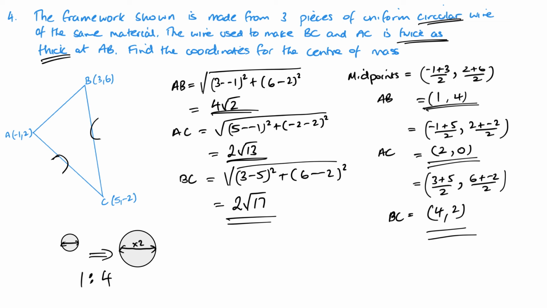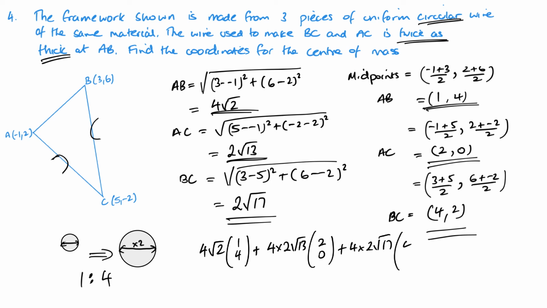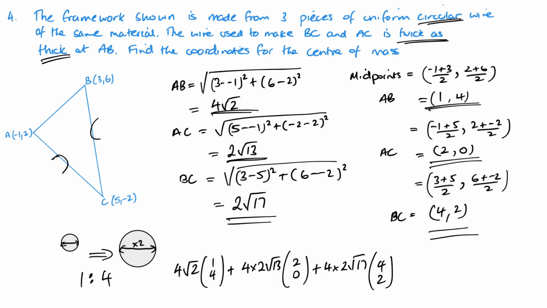So AB is normal size, so 4 root 2 times by its 1, 4, plus. And then AC and BC are the ones that are twice as thick. So we've got now 4 times 2 root 13, and that's 2, 0, plus 4 times 2 root 17, and that is 4, 2. And that then is going to equal 67.486.